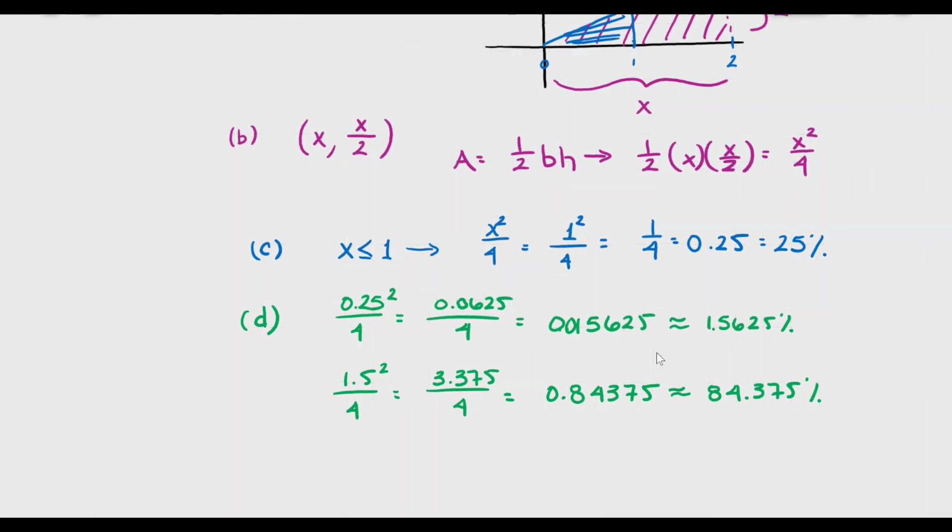So looking at our triangle that we've drawn above, 0.25 is right here. That's going to cover this area, and then 1.5 is right here, and that's going to cover this area. So we have an overlap of this region right here. So what we want to do is take the 84.375 minus 1.5625.